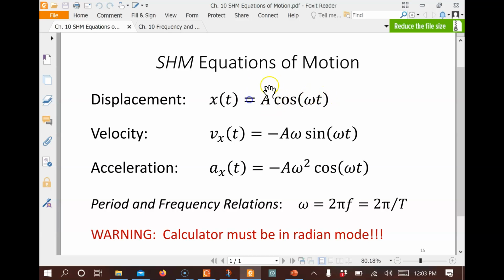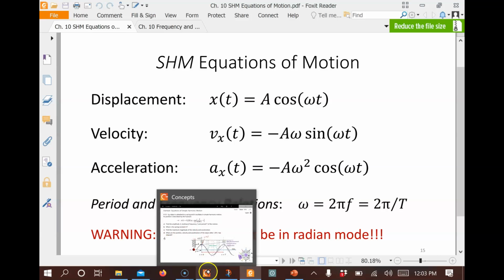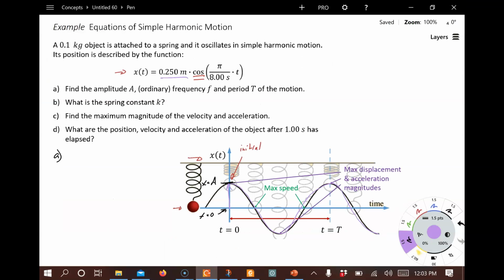So the farthest you'll ever get from 0 is x equals A, or minus A on the downside. So from inspection, aha, this is our A right here, and for part A we write down A is equal to 0.25 meters.